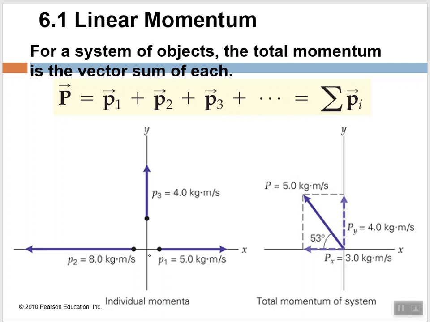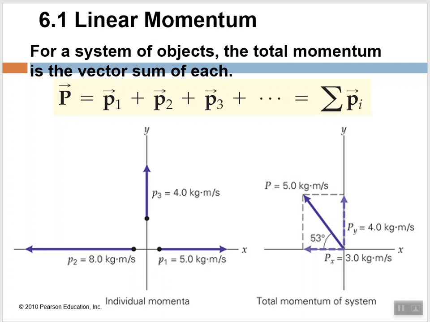And in this case here, momentum 1 is 5 kilogram meters per second to the right. Momentum 2 is 8 kilogram meters per second to the left. And momentum 3 is 4 kilogram meters per second straight up.